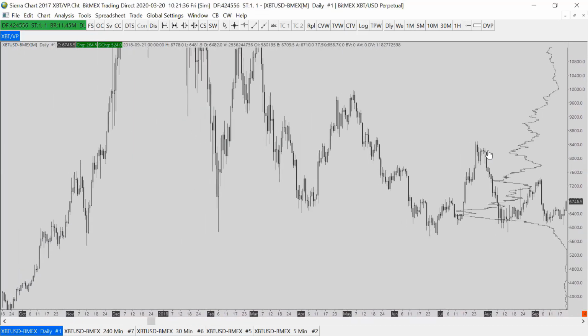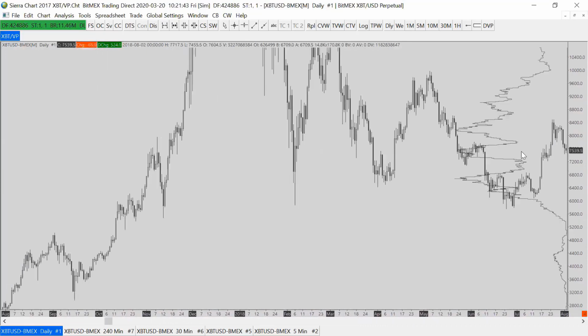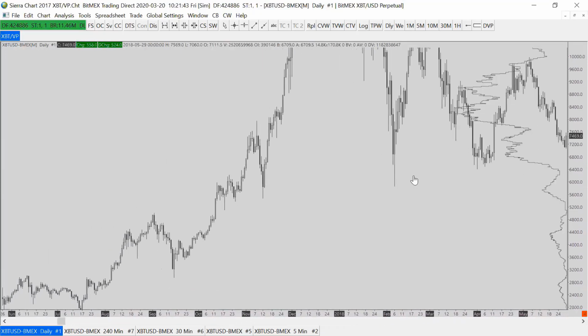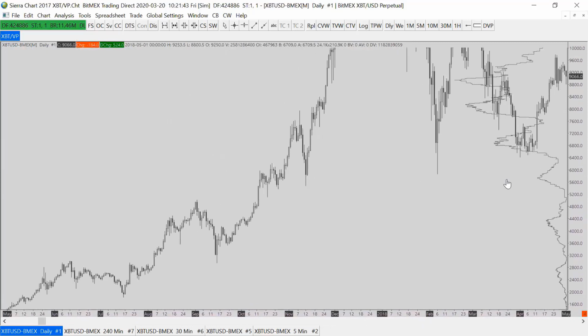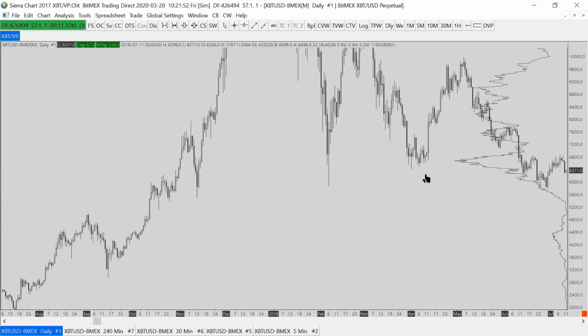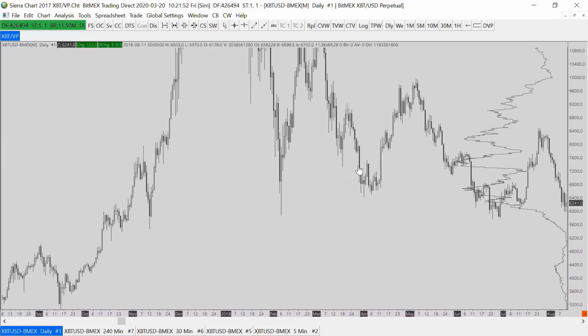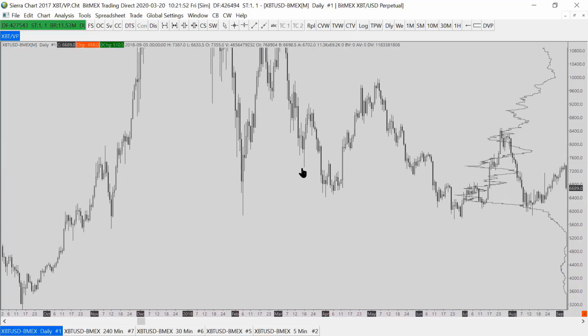For example, this LVN at 7.7 and the one at 7.2, just keep your eye on those. Okay, you see that more volume is building, but those levels tend to remain over time, right?